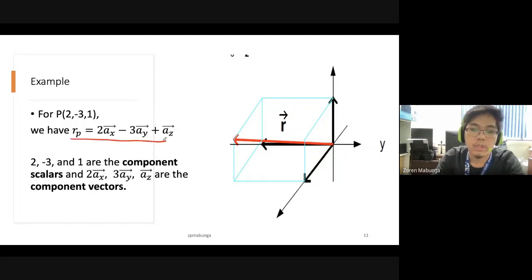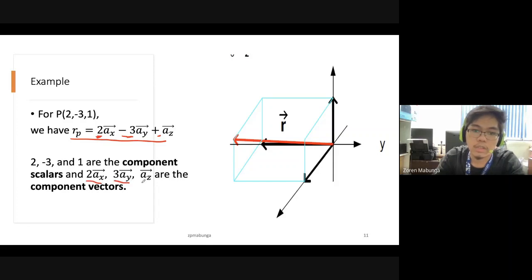So, 2ax minus 3ay plus az. So, itong 2, itong negative 3, and yung positive 1, hindi na lang natin sinusulat yung 1, kasi understood na yun na may coefficient siya na 1 doon. Are called component scalars or scalar component.